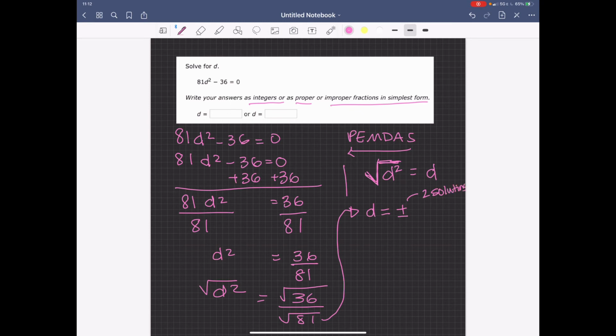If I take the square root of 36, I get 6 over the square root of 81, which is 9. I do have to simplify this fraction. So it's positive and negative, and I'm going to divide the top and the bottom by 3, and I'm going to get 2/3. So d equals positive and negative 2/3. The way that you would put this into your Excel is 2 divide 3 and negative 2 divide 3.